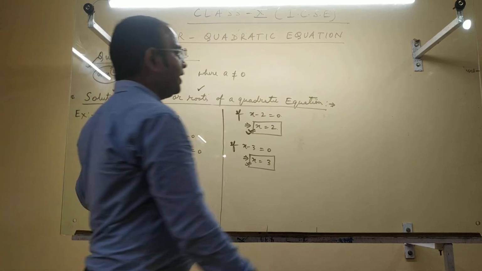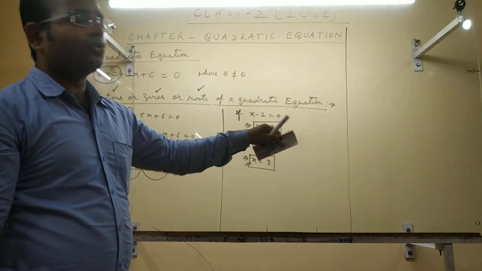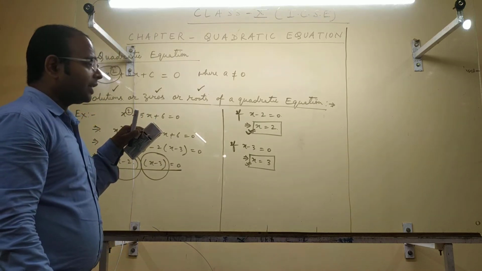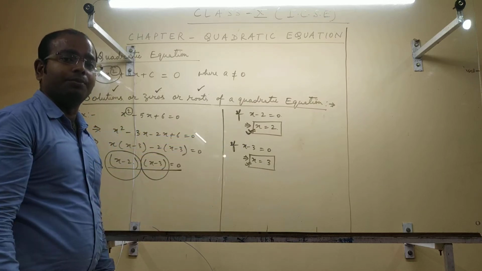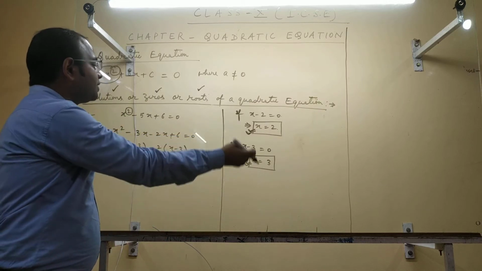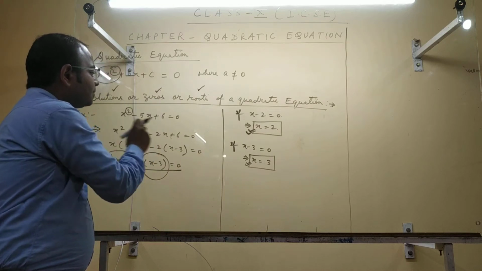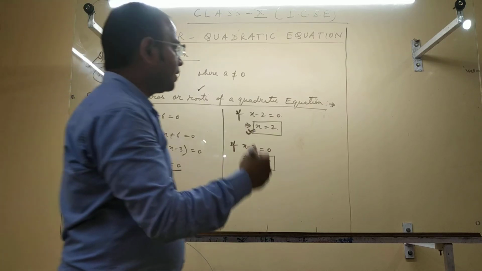From the definition, if x is equal to 2 is a solution of this quadratic equation, then this equation must be satisfied by the value x equal to 2. That means if we put x is equal to 2 in this quadratic equation, then the entire quadratic equation becomes 0. Let us check that.